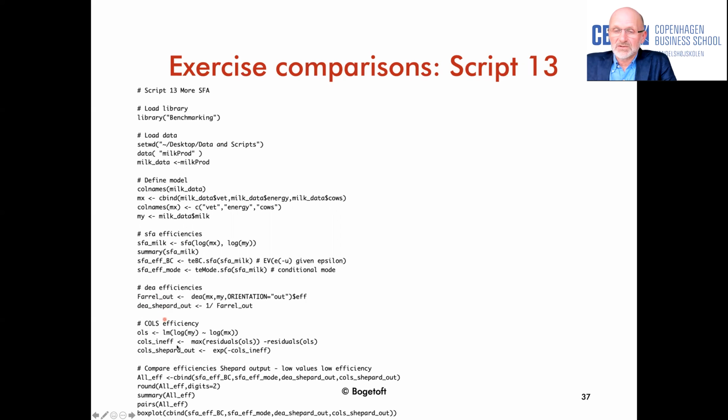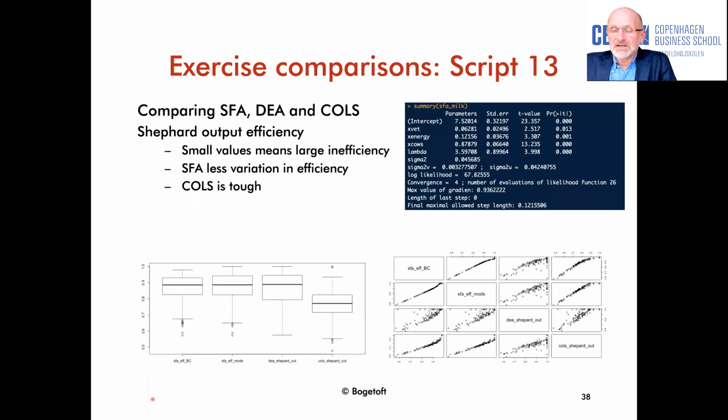Here is also how you do the COLS estimator, and then you can of course compare them all. What you will see is that it doesn't matter that much in this data set whether you use the Battese-Coelli, that is the expected value, or the mode estimator. It gives somewhat the same.